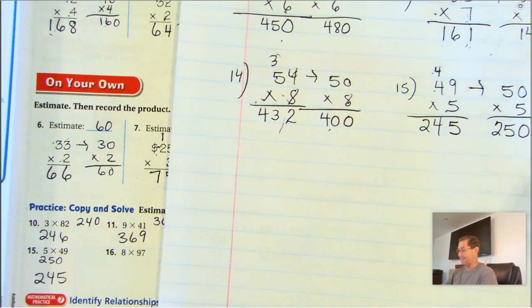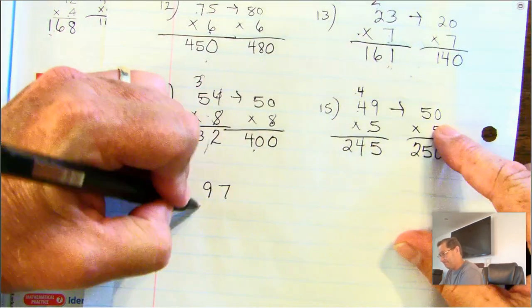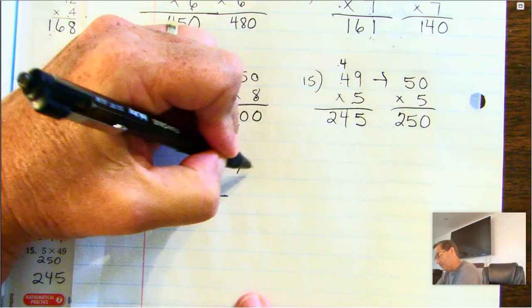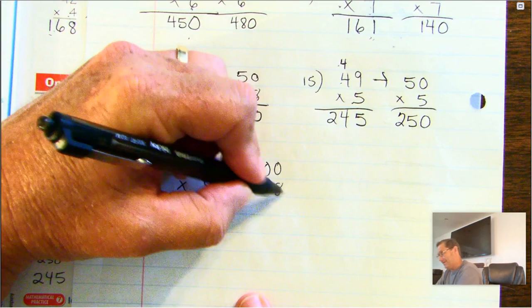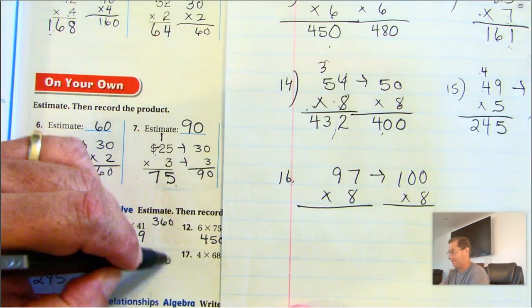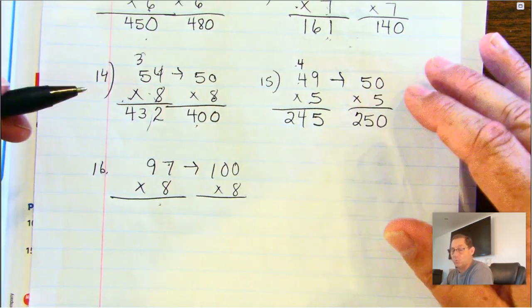16, 8 times 97. 97 is close to 100, and 8 sets of 100 is 800. All right, 8 times 7 is 56 ones.